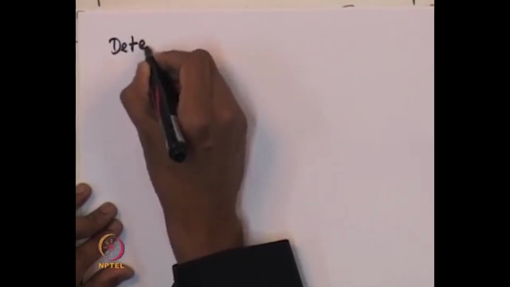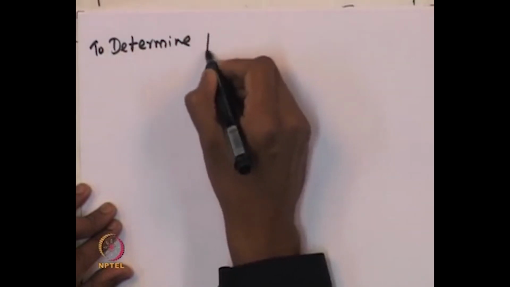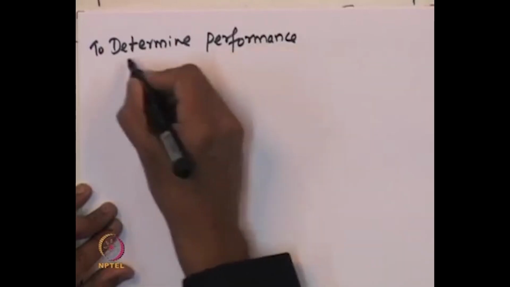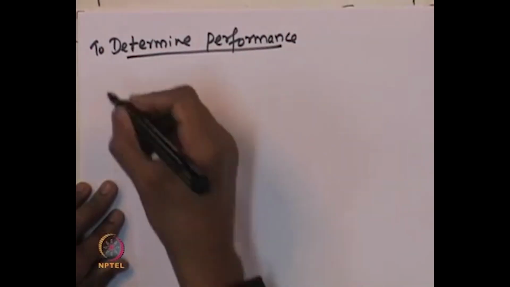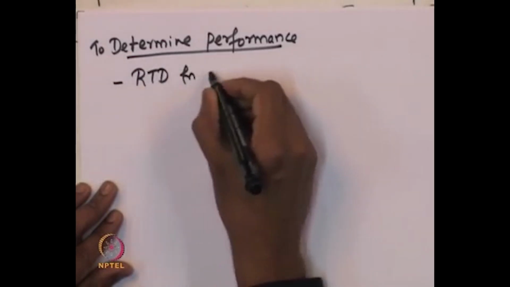So, now what all this points to is that in order to determine the performance of the non-ideal reactor, which is the original objective of the whole topic of residence time distribution, one needs to know the RTD, but the RTD function alone is insufficient.